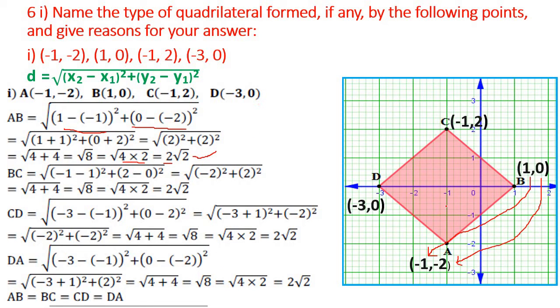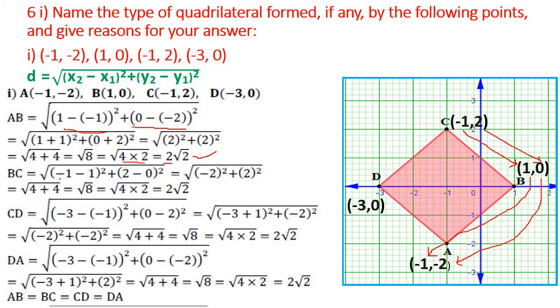Next, find out the distance BC. The distance BC is the square root of (x2 minus x1) whole square plus (y2 minus y1) whole square. Here, minus of minus 1 minus 1 whole square, then 2 minus 0 whole square.